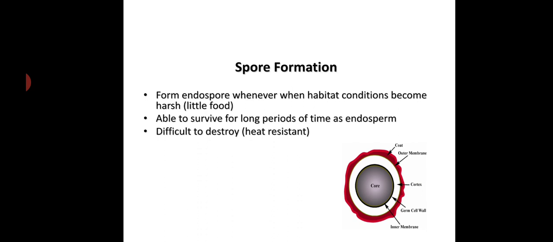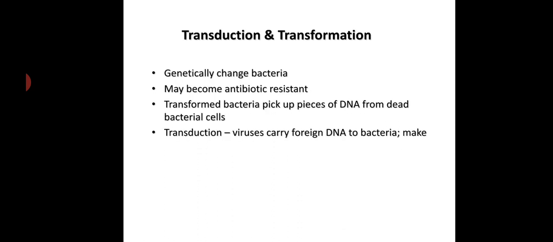Whenever the habitat condition becomes harsh and unfavorable, with very little reserved food material, these endospores are able to survive for a long period of time. They are very difficult to destroy. They are heat resistant, thick walled, and many layered.